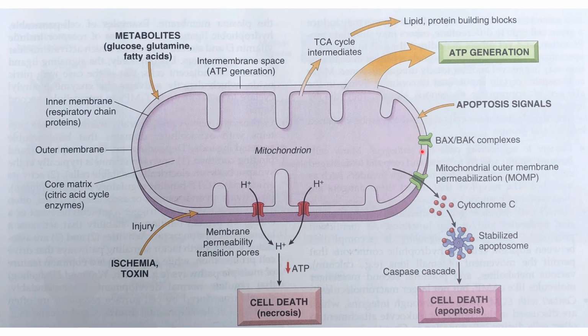BAX and BAK complexes are used for extruding cytochrome C, which causes apoptosis. Also in these formulations is cell death by necrosis, where you have a pH differential, and these are also destroyed. Ischemia and toxins can do this.